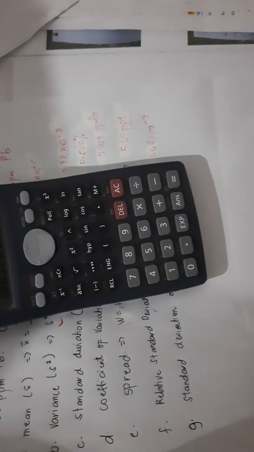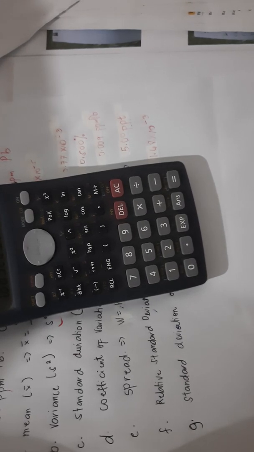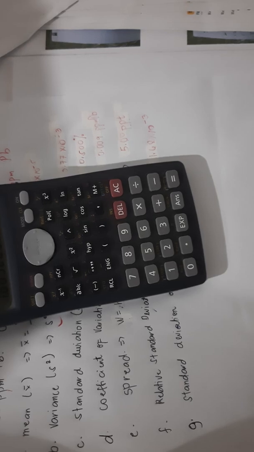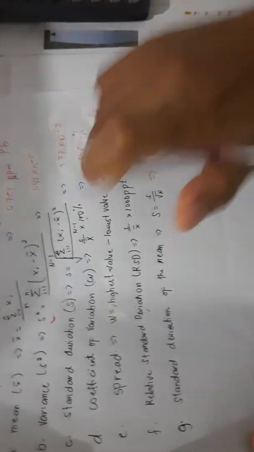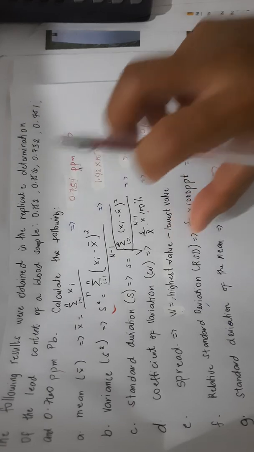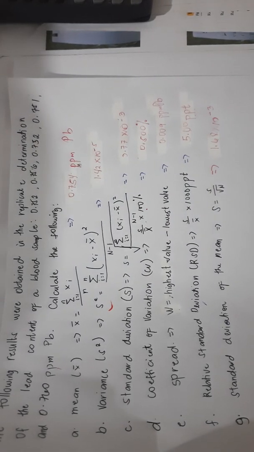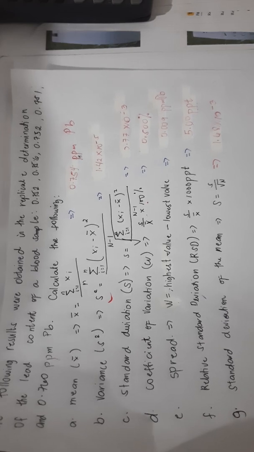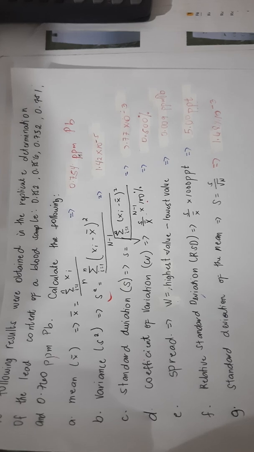It means that the 5 samples deviated 1.68 times 10 to the negative 3 from the mean. So it's very little.